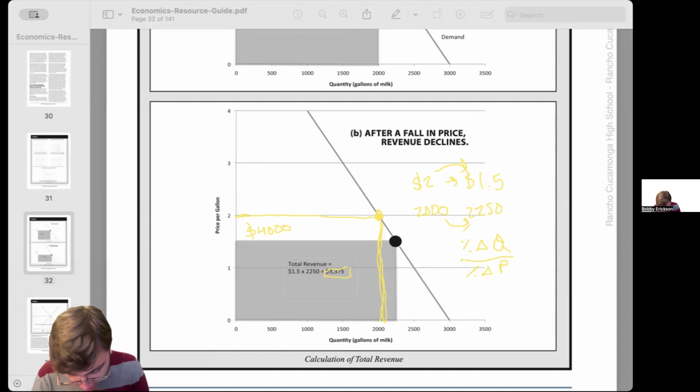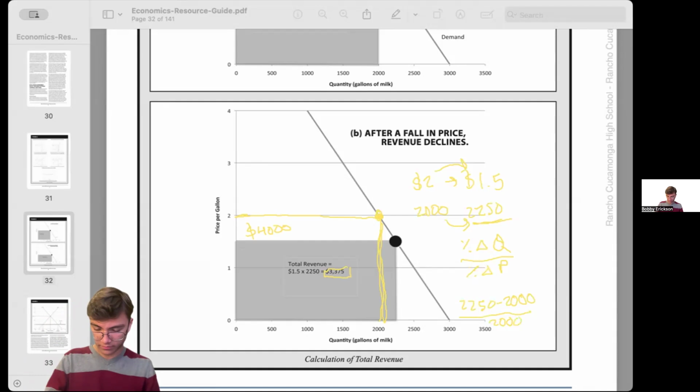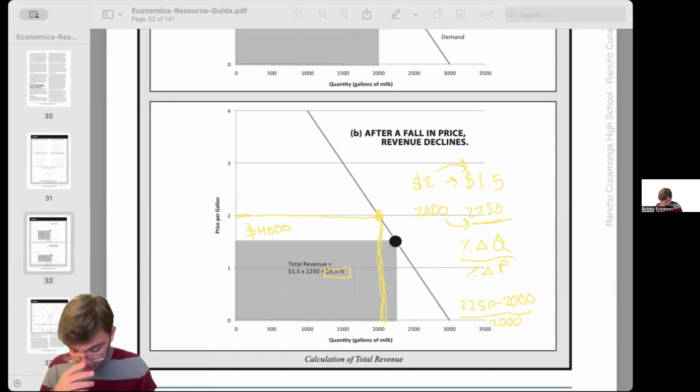And so what's the percent change here in quantity? Well, 2,250 minus 2,000 divided by 2,000 is going to be our change here, which if we go ahead and just do a little math here, we know it's 250 divided by 2,000. And we then know that's just going to be 0.25 divided by 2, which is 0.125, which we know is 12.5%.